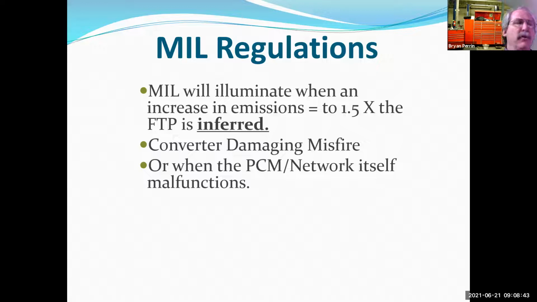And we measure emissions in grams per mile is how the federal government measures emissions. So if I'm getting less gas mileage, would I be putting out more grams per mile, even if my engine's running just as clean as it was before? Because I'm getting less miles out of a gallon of gas. So therefore I put out more grams per mile of emissions. That's why the light comes on.